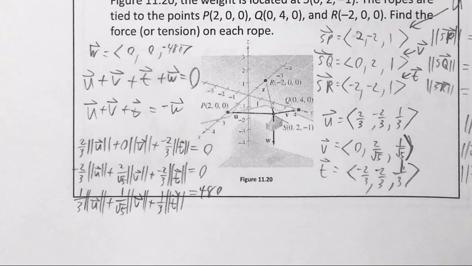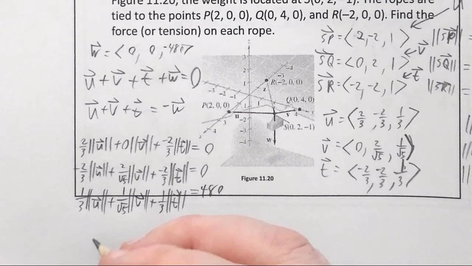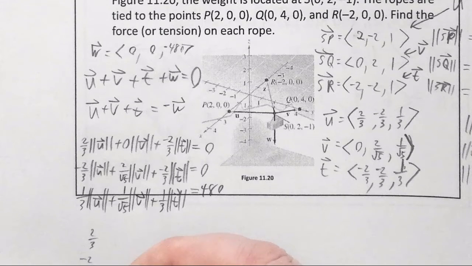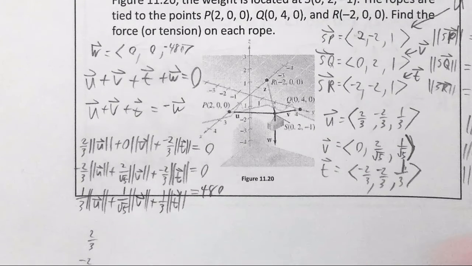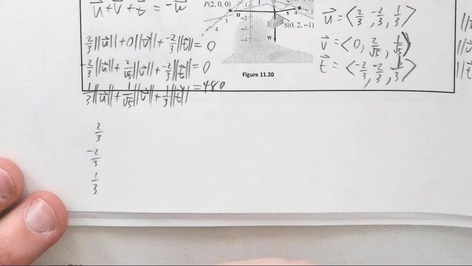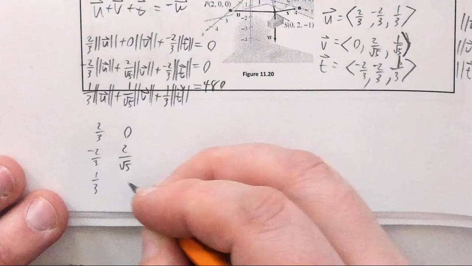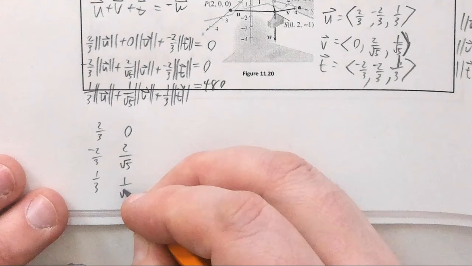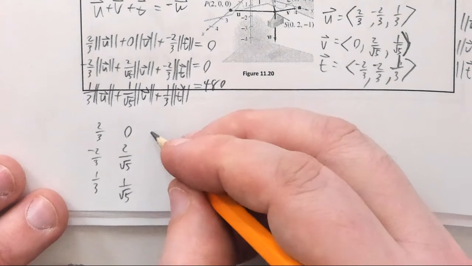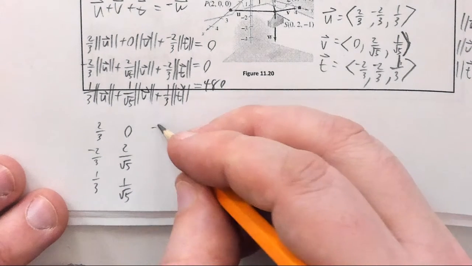So if I do a matrix with this, I'm going to set it up where I have the 2/3, negative 2/3, 1/3. Do you vaguely remember this or not? No. How to use matrices to solve a system of equations? Take the inverse. Yeah. I wouldn't actually bother with the inverse.